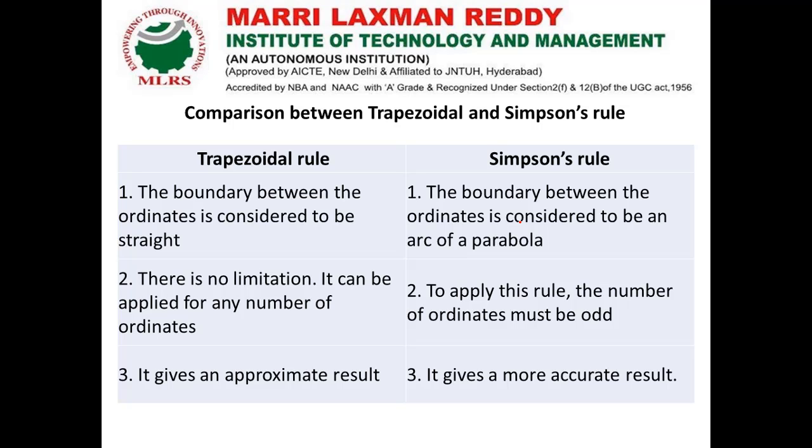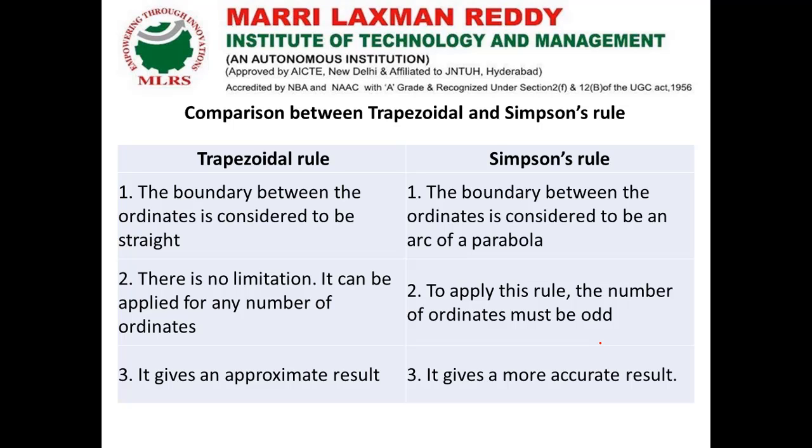We never bother about either odd or even ordinates in the case of the trapezoidal rule. But Simpson's rule is applicable only for odd ordinates. If we have even ordinates, then we have to go for some other method for the last two ordinates to find the area, and for the remaining odd ordinates we go with Simpson's rule.